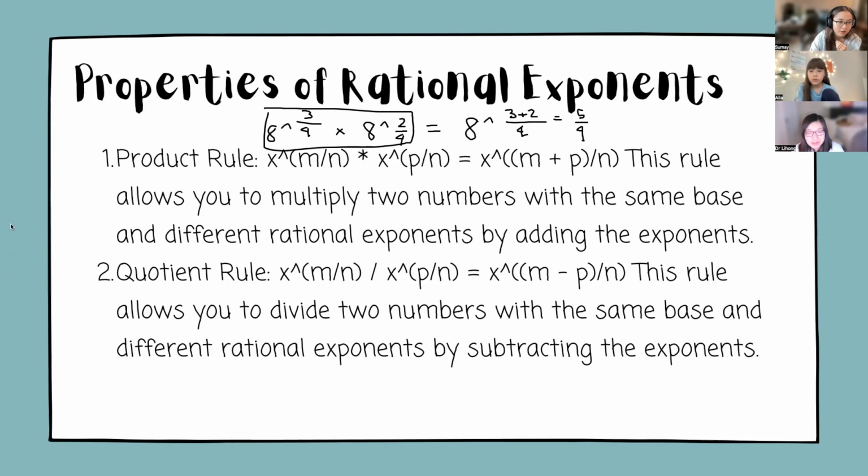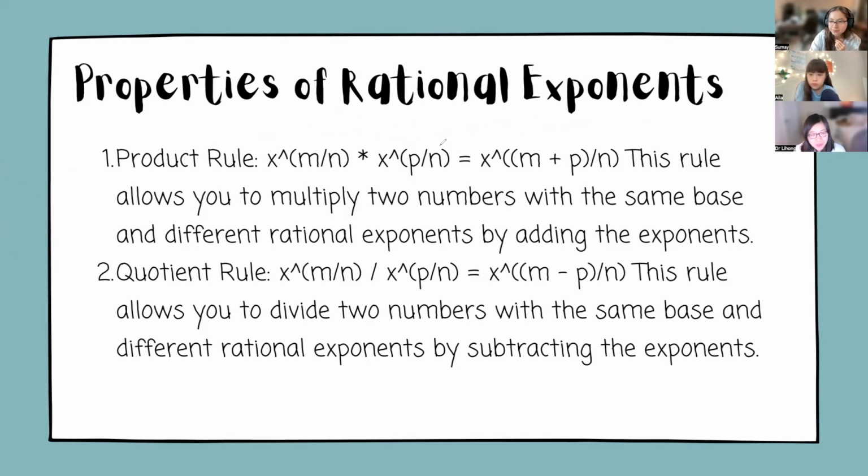Well, Sumay, this is actually the rule, the product rule. What you really need to remember is x to the power of a times x to the power of b is equal to x to the power of a plus b.